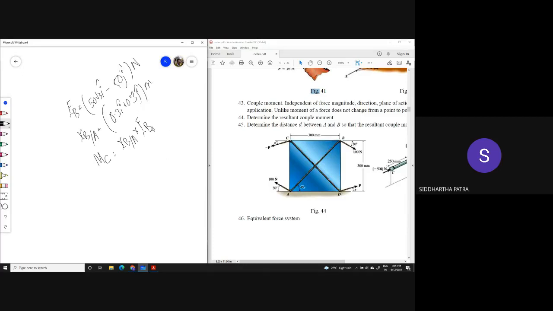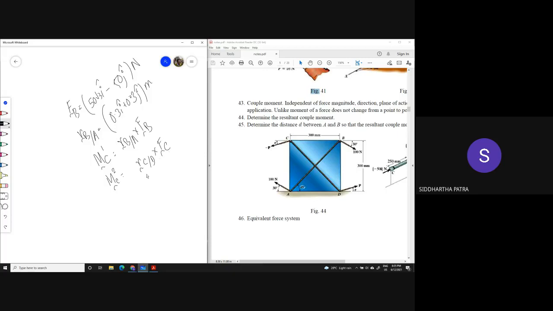So you can get the moment over here, and let's call it MC1, and similarly get MC2, which would be, let's say, R of C with respect to D cross FC.